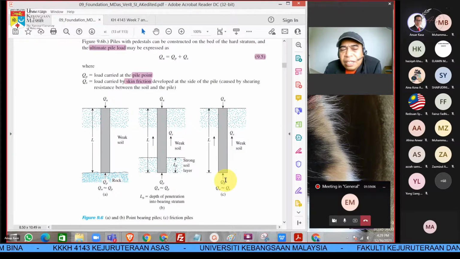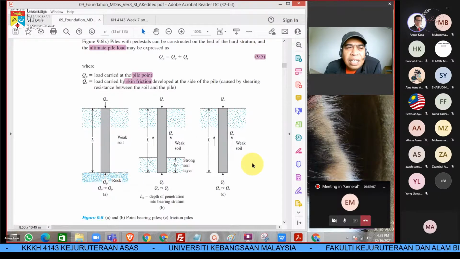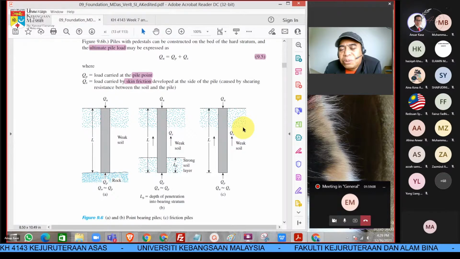We need to consider only the QS, the skin friction only, because QP is so small.